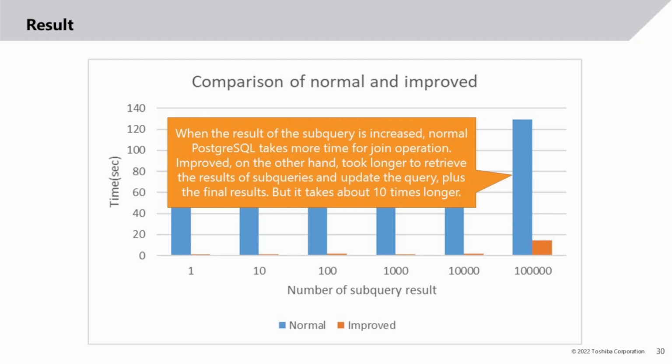Improved took about 50 seconds overall. Especially updating the query tree and getting data from data source 1 means the time to get the final result increased. But the normal case takes about 10 times longer than improved.